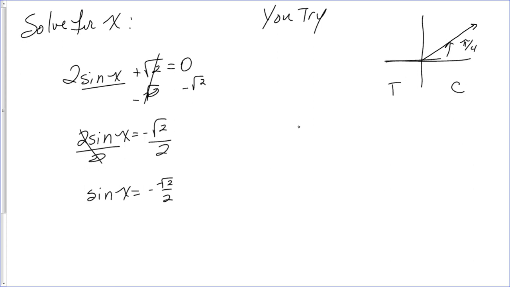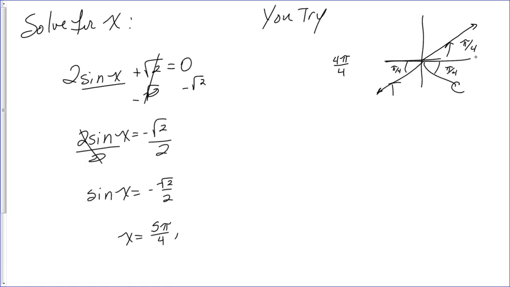So we know we're going to have a reference angle here of pi over 4 and a reference angle here of pi over 4. Now we have to figure out what these two angles are. Well, if straight out here is 4 pi over 4 because it's pi, and I just wrote it in terms of pi over 4, we're adding another pi over 4, so we know x will have to be 5 pi over 4.